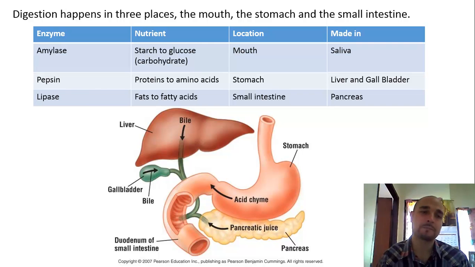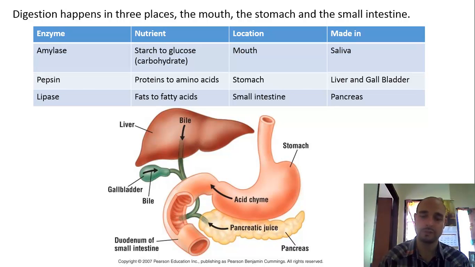Pepsin breaks down proteins to amino acids. It happens in the stomach, and pepsin is made in the stomach lining. And the last one, lipase, breaks down fats to fatty acids, and this happens in the small intestine. Lipase is made in the pancreas.